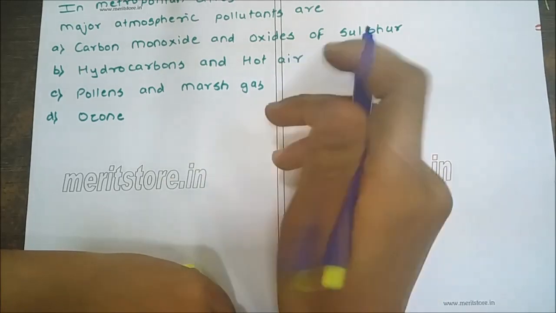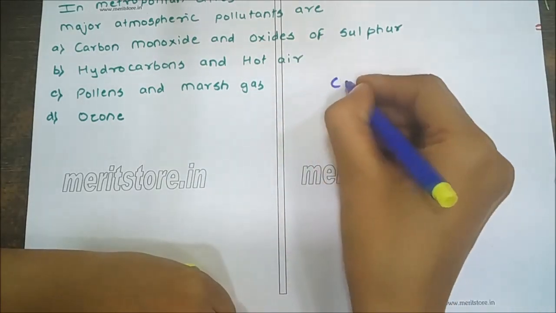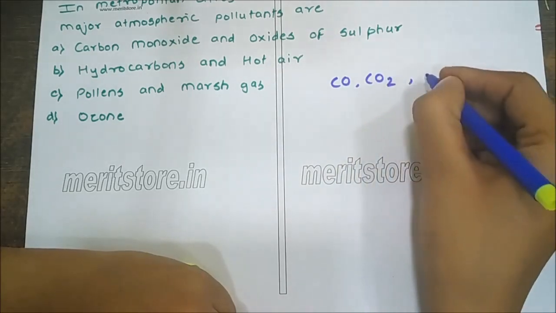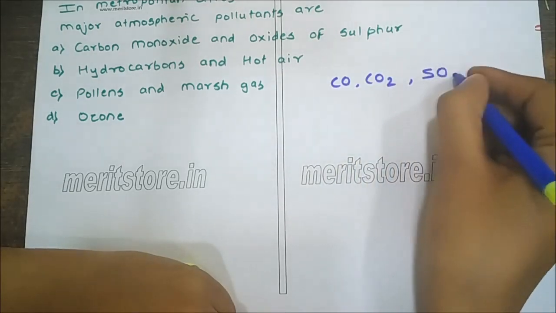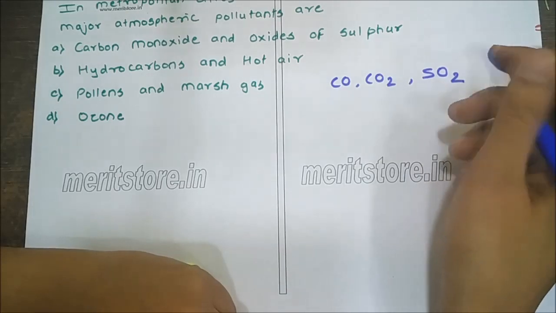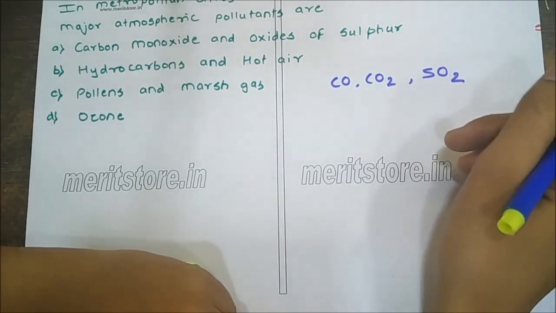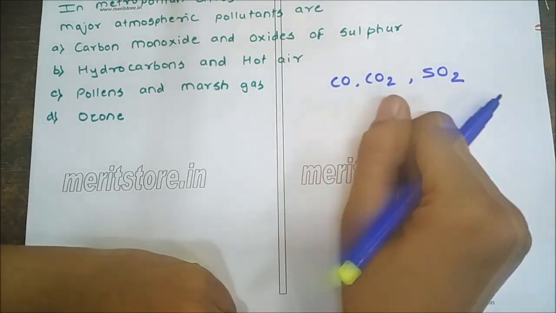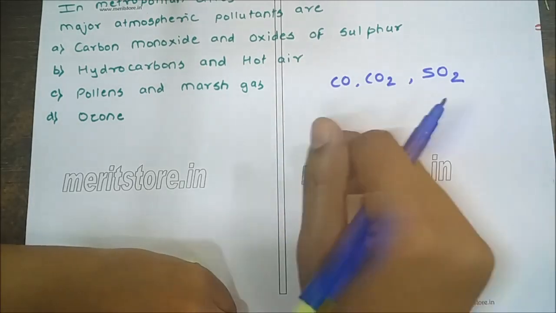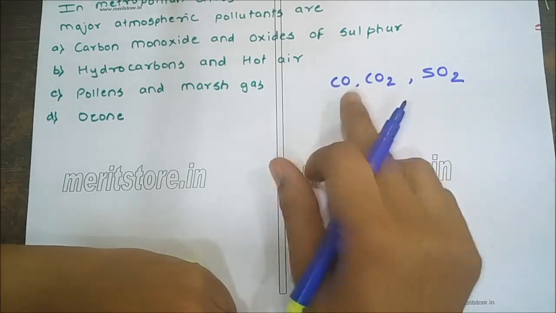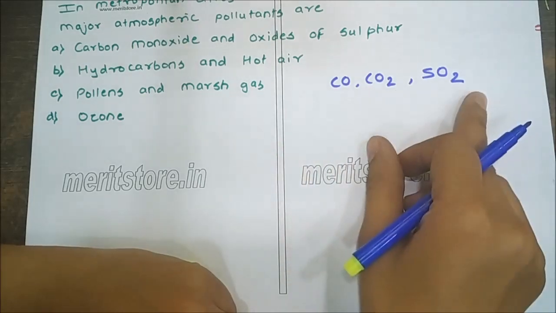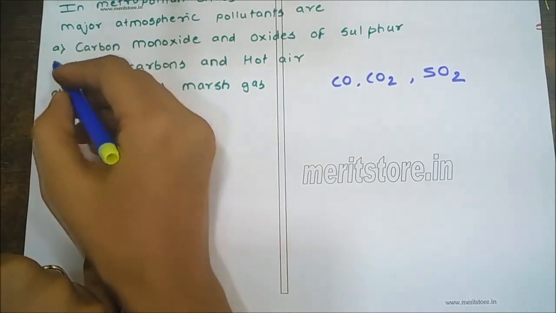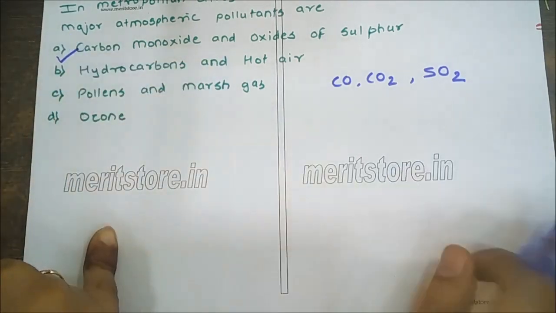From automobiles, we can see that carbon monoxide, carbon dioxide, and oxides of sulfur like sulfur dioxide are the main gases excreted by the automobiles. So the answer will be carbon monoxide and oxides of sulfur.